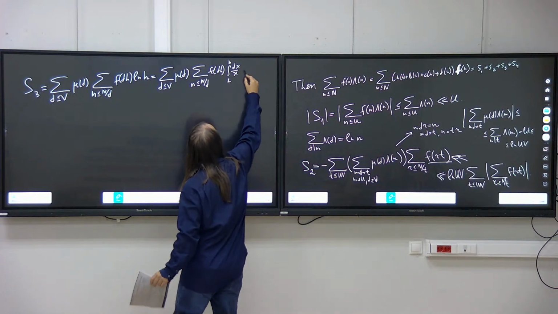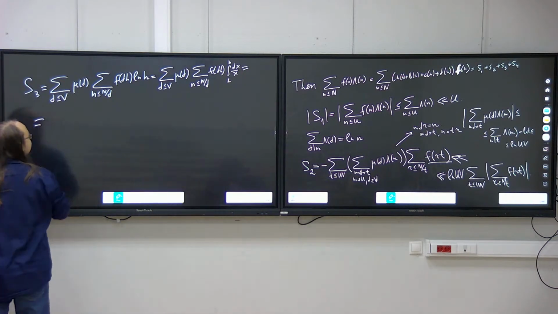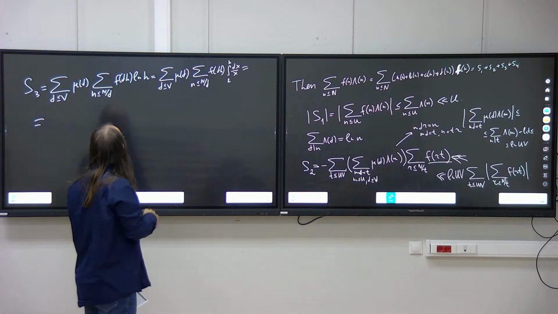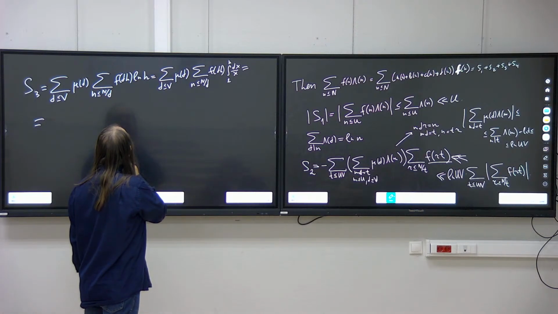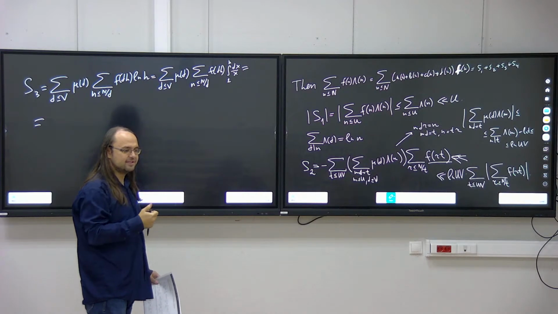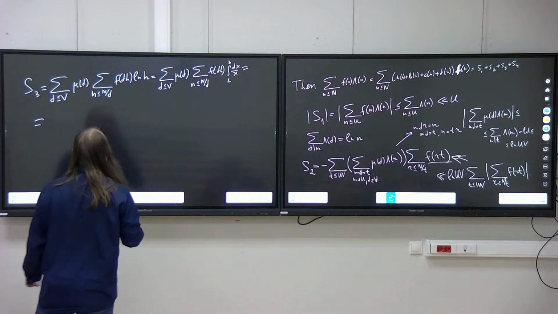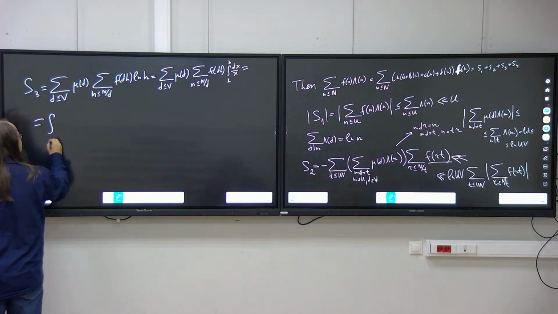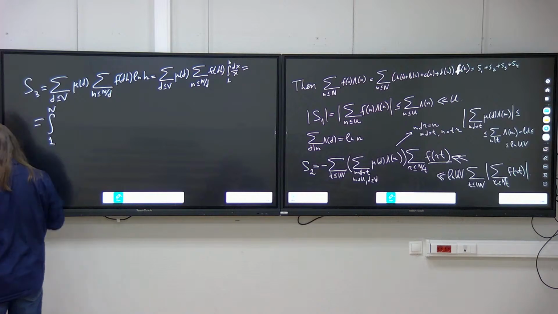So this is equal to, well, h runs up to n, right? The maximal value of h is n. So you get the integral from 1 to n.